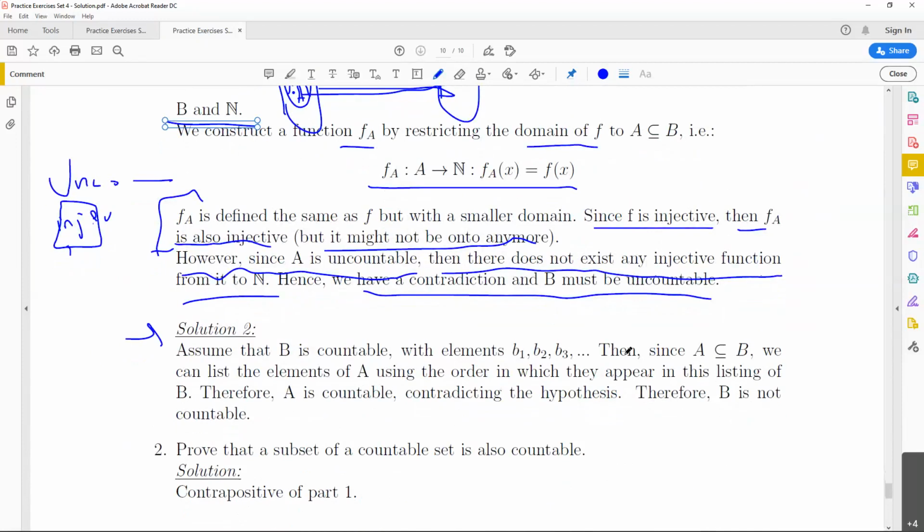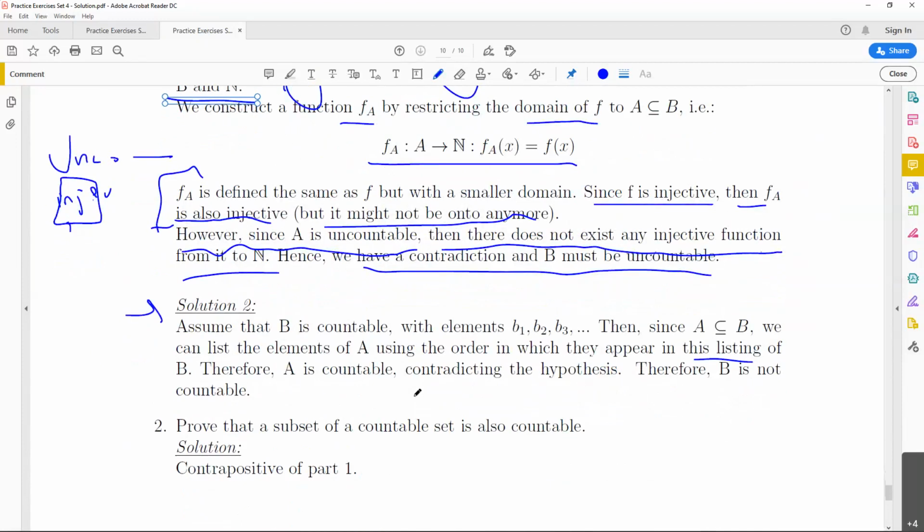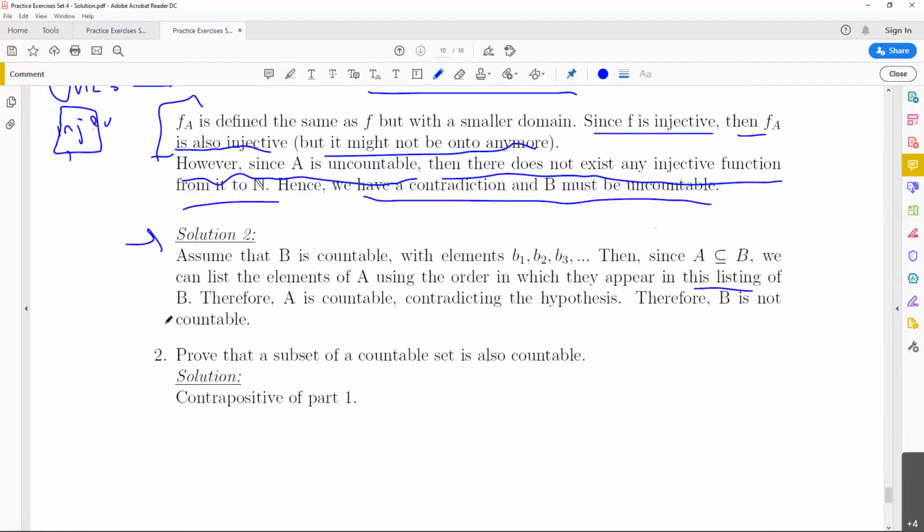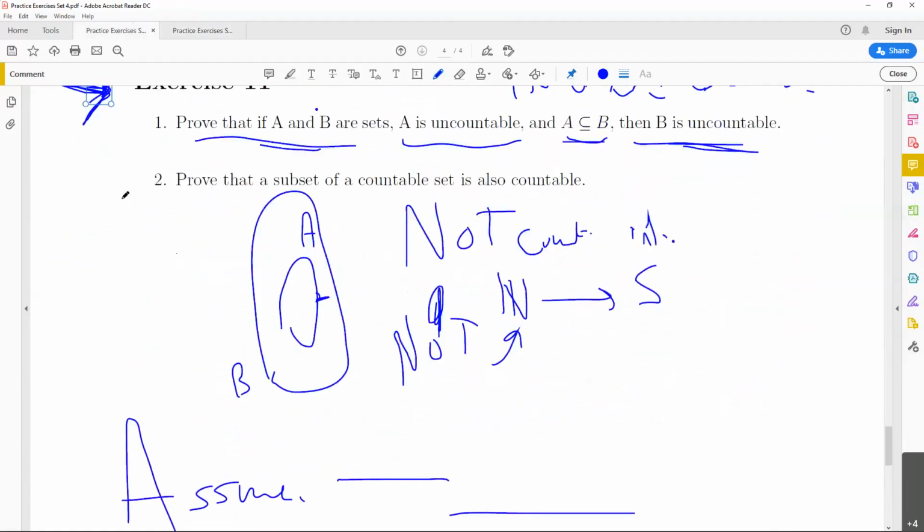There's another solution that has to do with the listing intuition. Prove that a subset of a countable set is also countable. A subset of a countable set is also countable.